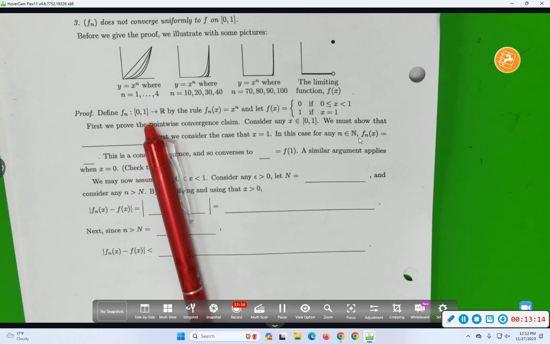Let's try to come up with a proof, and let's think about what we need to prove. Maybe we'll go to the board, figure out what we want to show, and then we'll come down here and come up with a proof.